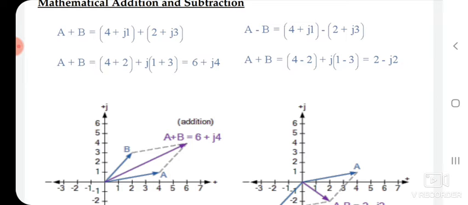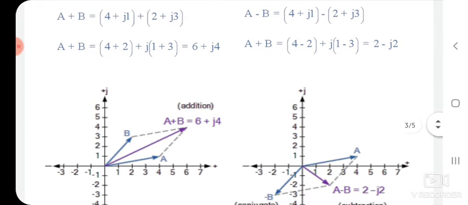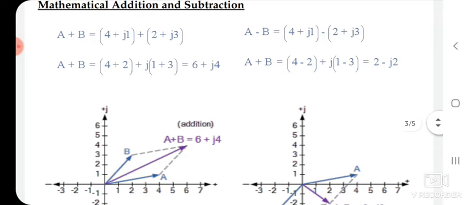The same complex numbers can be subtracted, that is a minus b. We know complex number a is equal to 4 plus i and complex number b is equal to 2 plus 3i. Now here we have to subtract these two complex numbers, so b becomes minus b.